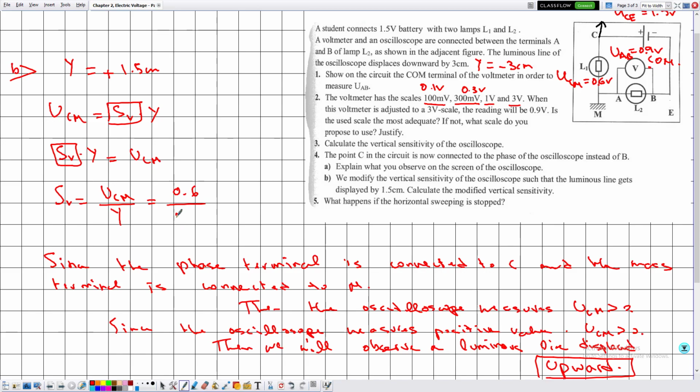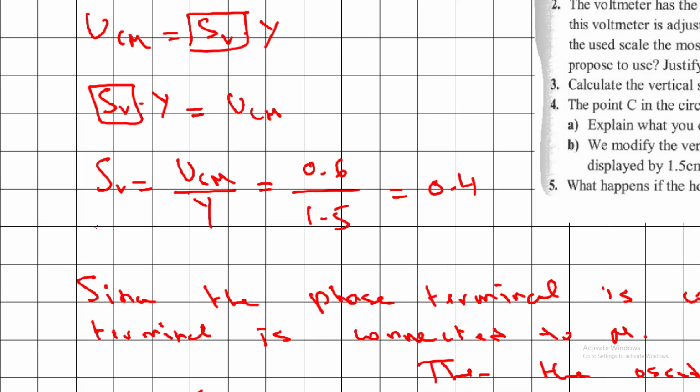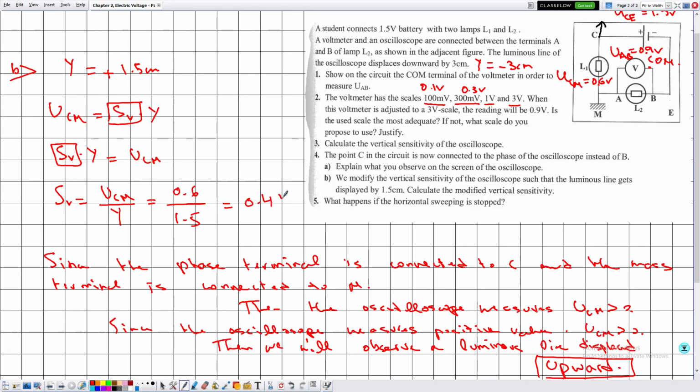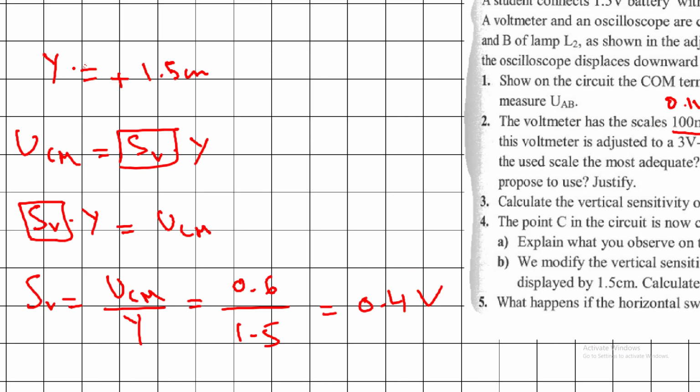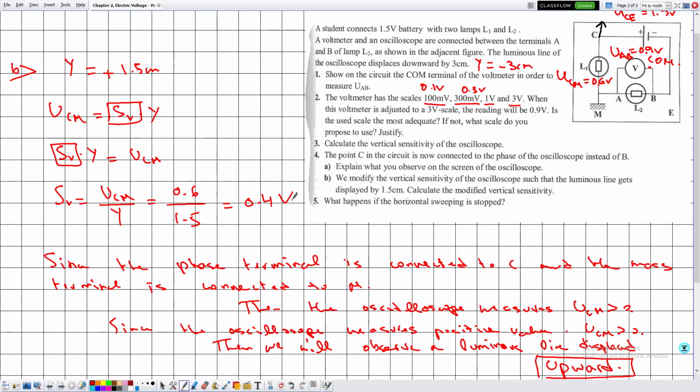The value of Y is given by 1.5. Plugging this fraction on the calculator, the value of SV is given by 0.4. Since everything is expressed in the SI, SV will be in volts, and since Y is expressed in centimeters, this is volts per centimeter. Then SV is equal to 0.4 volts per centimeter.